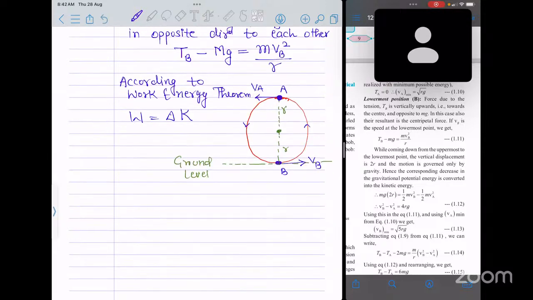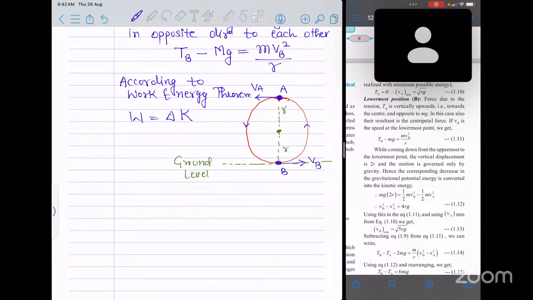In this case, because the object is falling from height h, if initially the object is at point A and finally it comes to point B, it doesn't matter by which path it comes, because gravitational force is a conservative force, and work done by a conservative force does not depend on the path taken by the object.